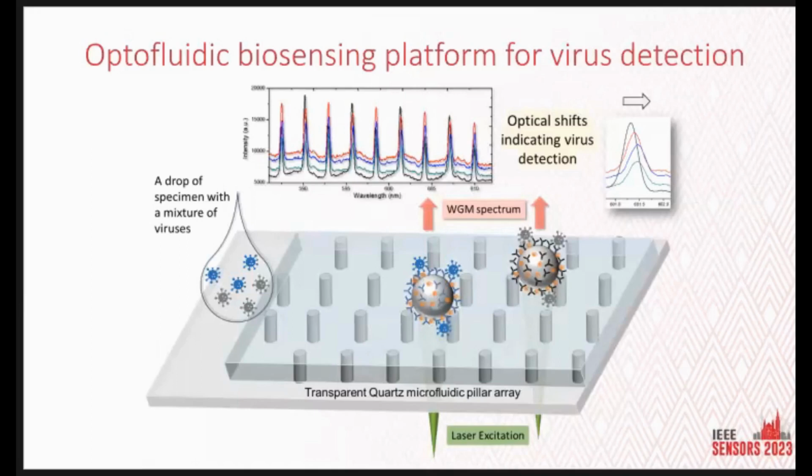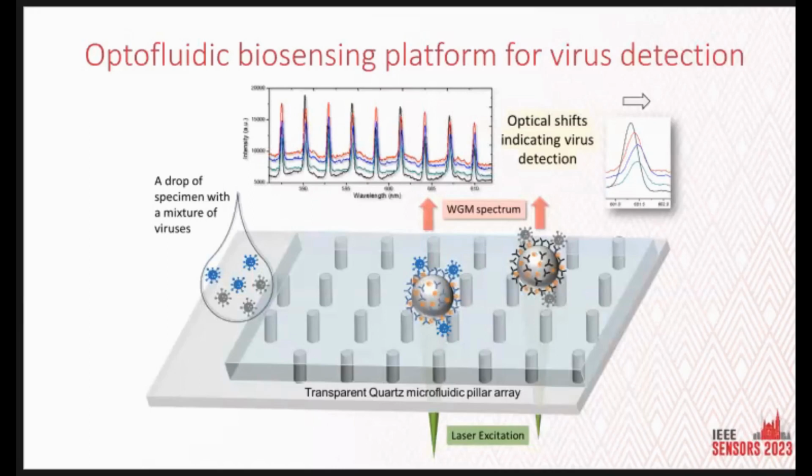It's important to detect these viruses without going to the lab, because of this complex process. So the idea is we put these microspheres in between those micropillars. We made the gap between the pillars match the size of the microsphere, so the microsphere is trapped there. It will not move from this position.